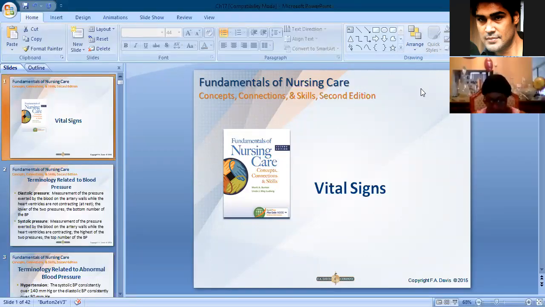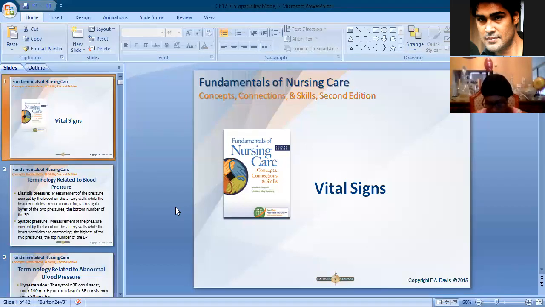Okay, so basically, this chapter is related to the vital signs, and we know what the vital signs are for the human, I mean, for us. First of all, blood pressure, then pulse rate, respiratory rate, right, and temperature.